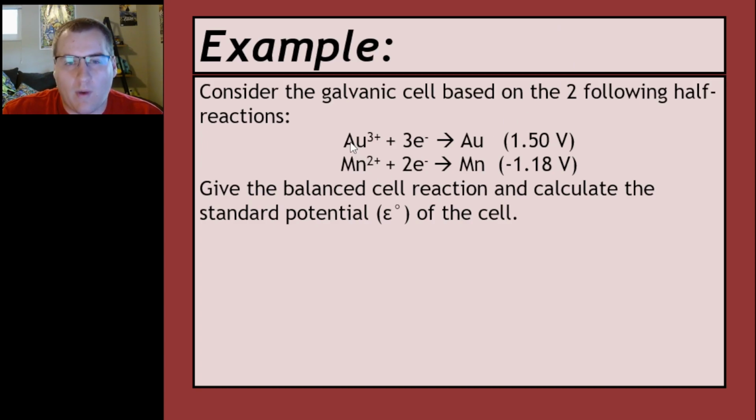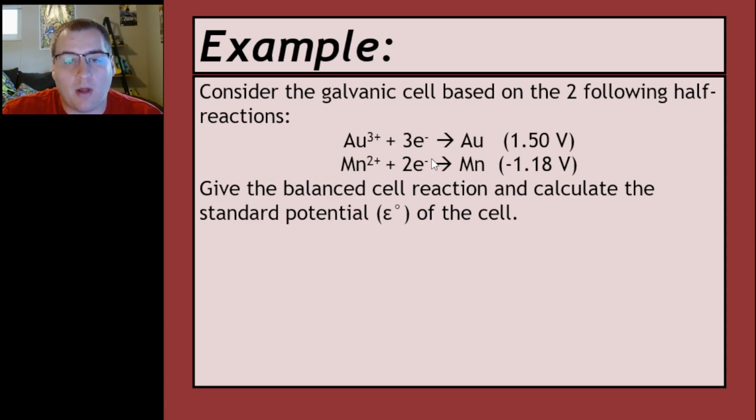Well, whichever number is higher, so more positive or overall larger, which in this example would be this first one, gold, whichever number is higher is the one that will reduce. Whichever one happens to be lower, which is lower on that chart, or a more negative number, is actually going to flip around. Instead of doing the reduction, this is going to become the oxidation step.